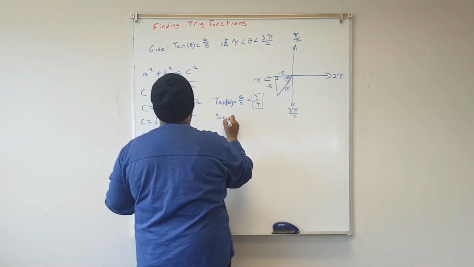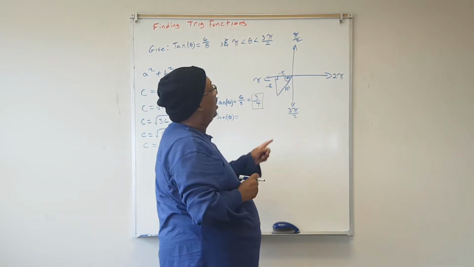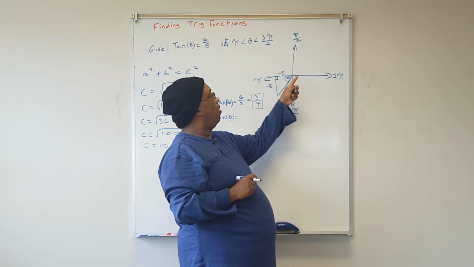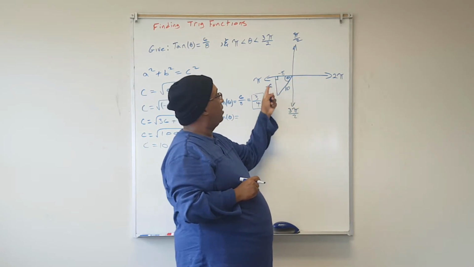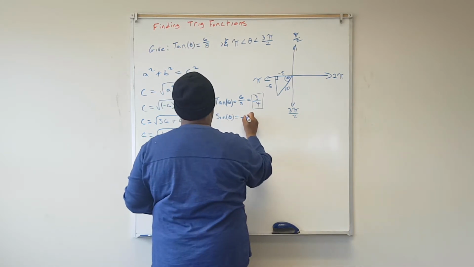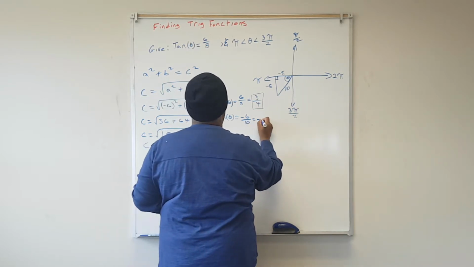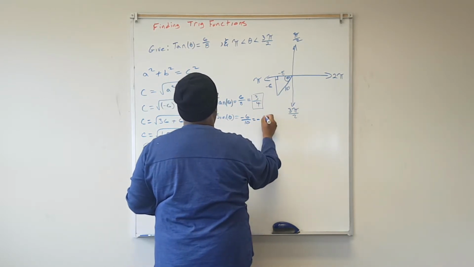Sine theta will be opposite over hypotenuse, so that's -6 over 10. -6 over 10. We can reduce that, -3/5.